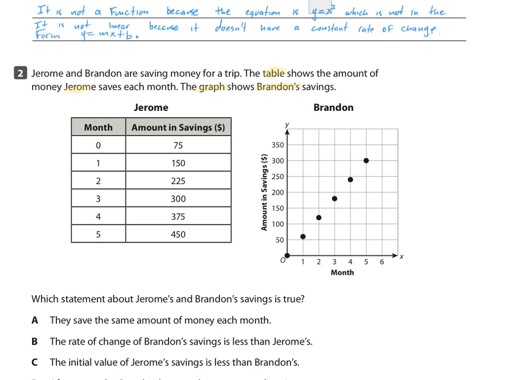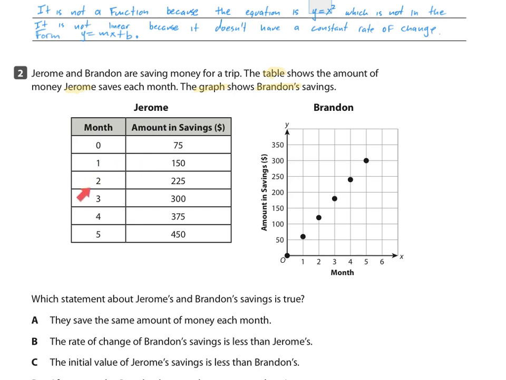Okay, so we're going to start with Jerome. So we have 0 is going to be 75. So on month 0, when he began, he already had $75 saved up. And now, on month 1, he has 150.